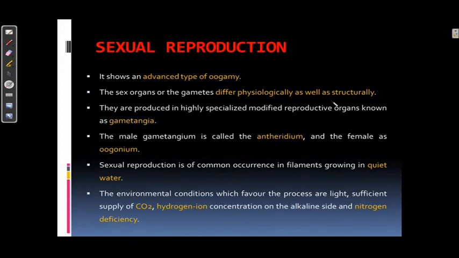On the other hand, the female gamete is large, singly produced, and never liberated.